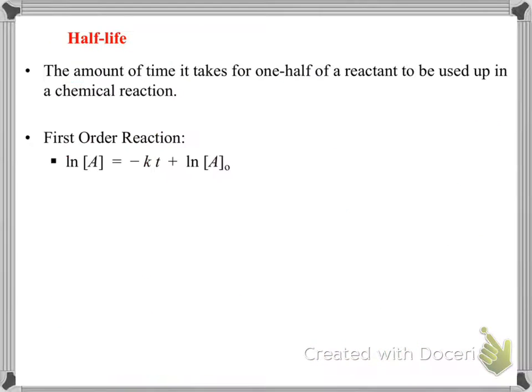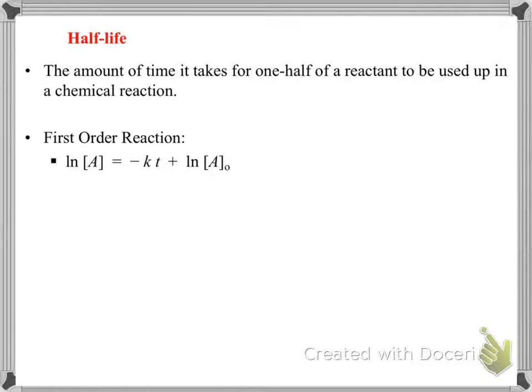Now half-life is the amount of time it takes for half of a reactant to be used up. So let's say you started with 4 molar of your reactant, and then 2 molar is left. How much time does it take for it to become half?